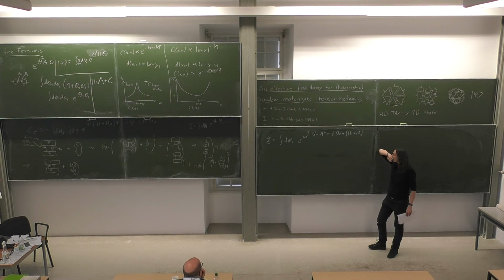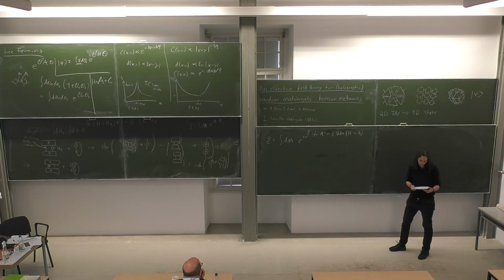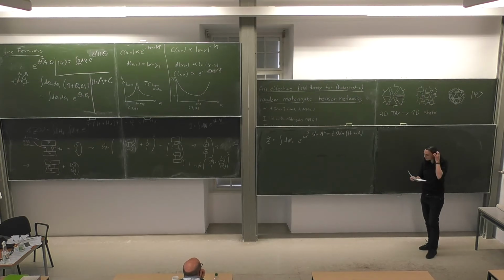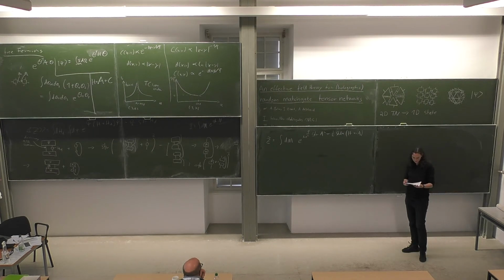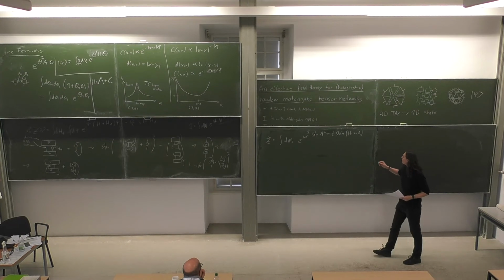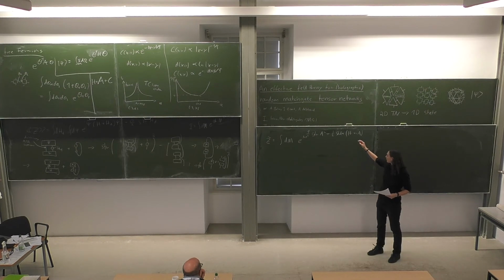So this effective action is known in the theory of disordered superconductors, basically class D systems, so a BDG Hamiltonian with no further symmetries.